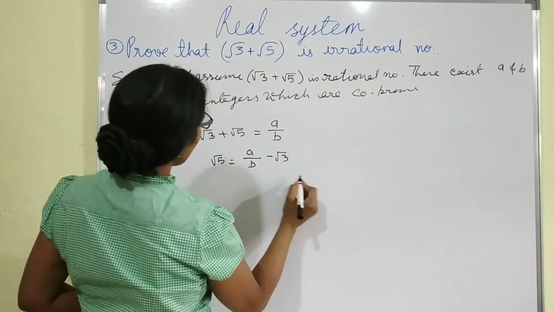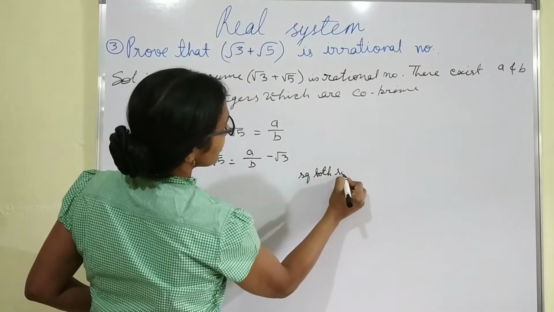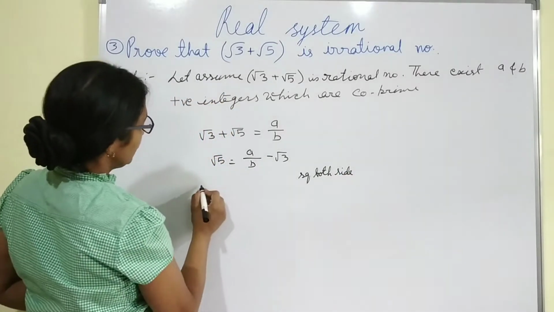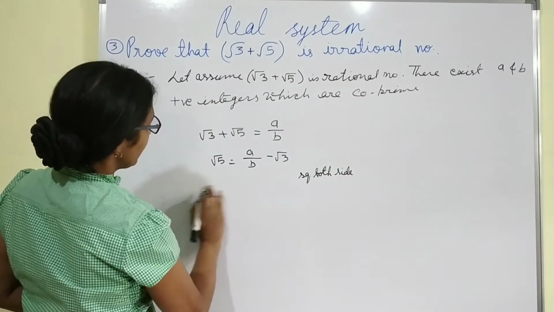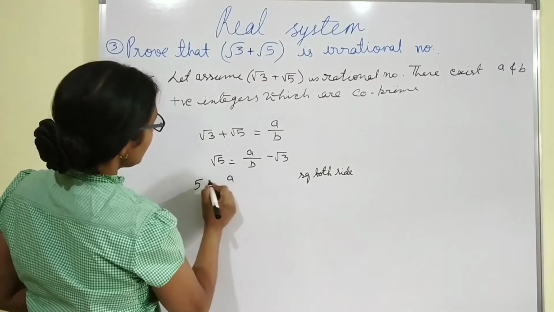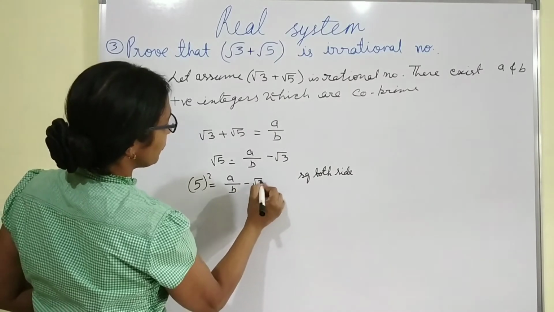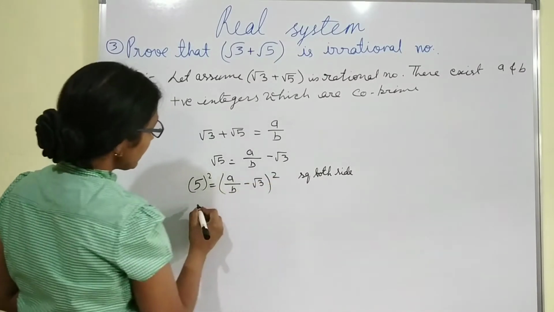Now, squaring both sides. So it will become 5 equals, root 5 square equals A upon B minus root 3 whole square.